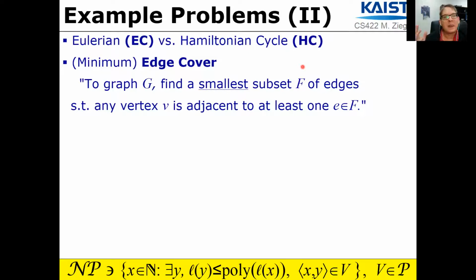So the intuition is to try to cover all vertices in the graph by as few of the edges that are already present in the graph. Put differently, try to throw away as many edges as possible and still be able to cover, not necessarily connect, all vertices with at least one endpoint of this small subset.